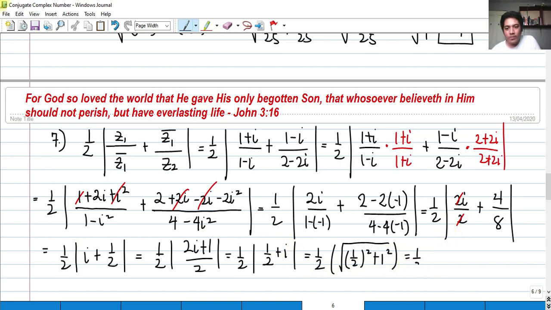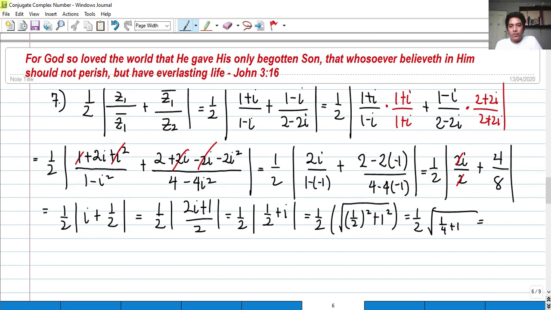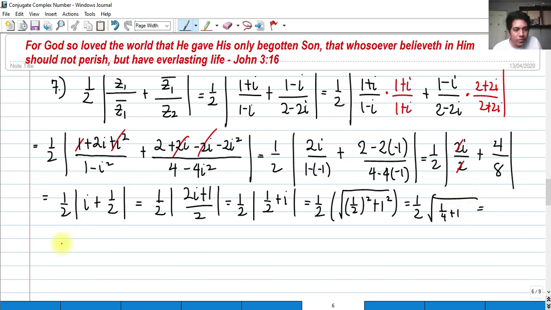So if we evaluate that, that is 1/4 plus 1. So we know that this would be equal to 1 half multiplied by the square root of 5 over 4.